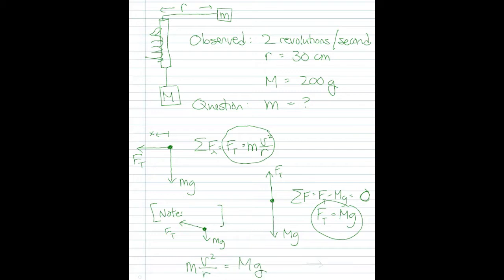So the question is, we didn't really measure r. Well, no, we did measure r, sorry. What we didn't measure was v. And so what we have to do is figure out v in terms of the things that we did measure. So I know that the velocity of something going around in a circle is its circumference divided by its period.